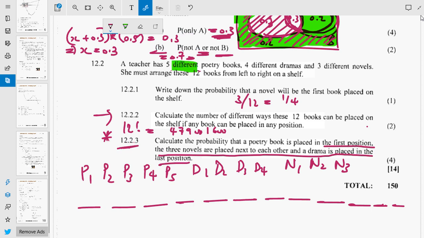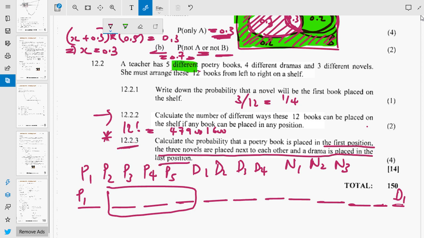Now, I want the poetry book to be placed in the first position. Well, let's say poetry 1 is in the first position, okay? And I want the last book to be the drama. So let's say drama 1 is in the last position. Then I want the 3 novels to be together.